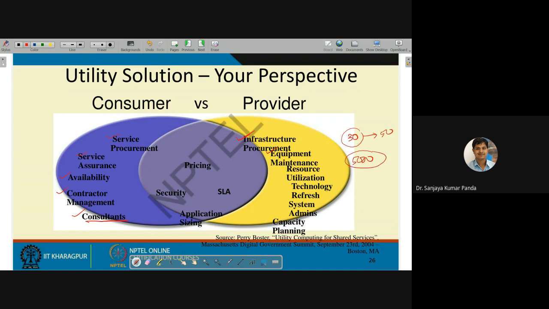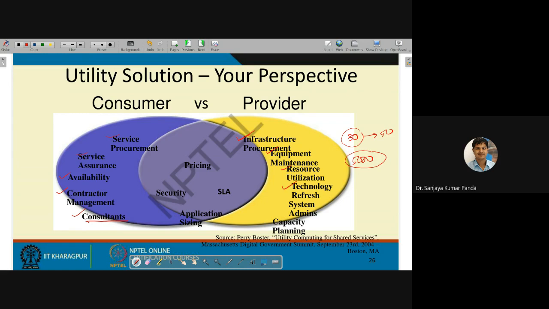Who is going to check the status of these servers? Your provider. Similarly, who is ensuring resource utilization? Whether the resource is utilized 10% or 30%, the user need not bother about it, right? So as a provider, you have to see that your utilization increases to a greater extent.